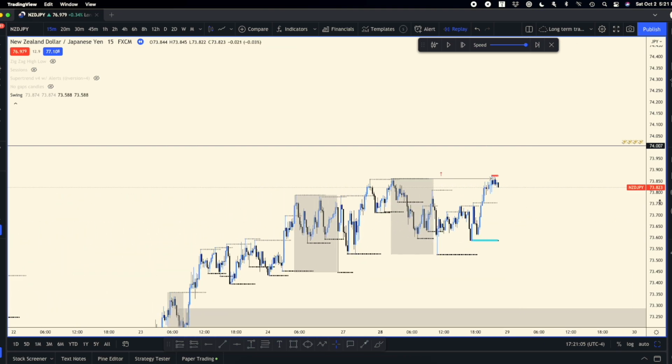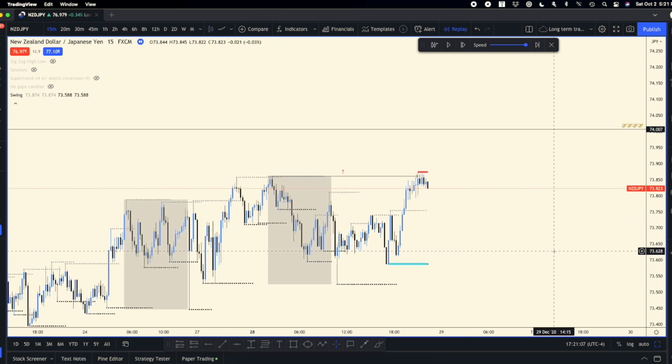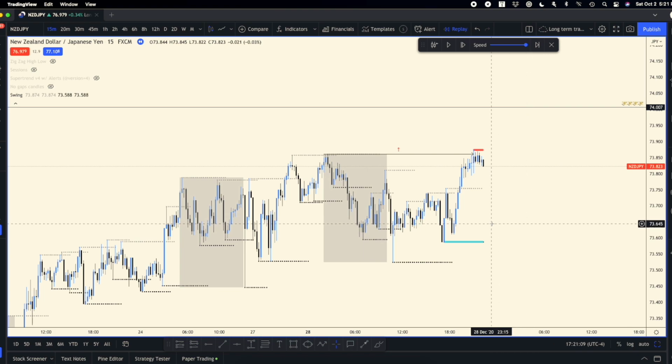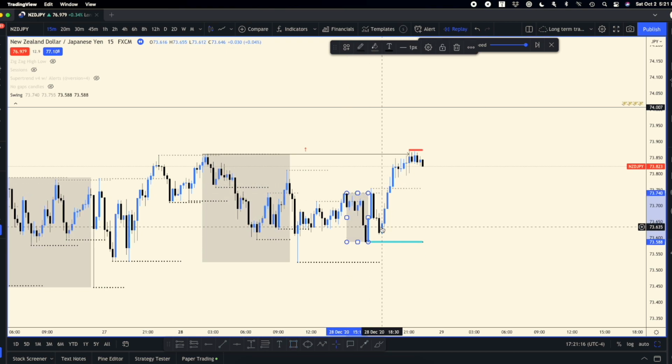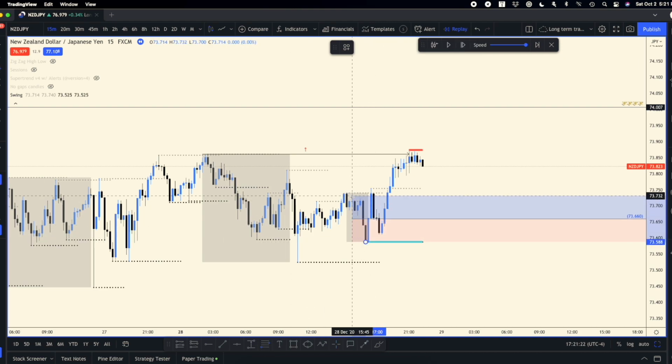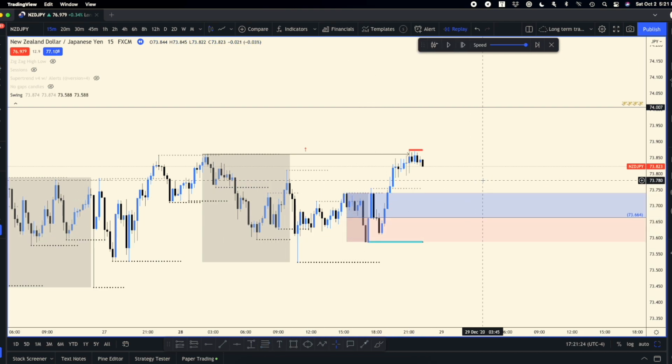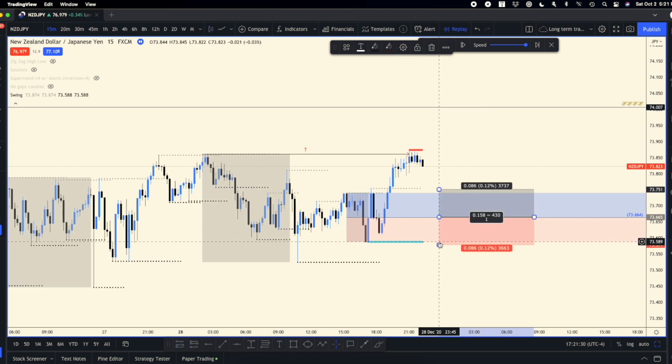So, all right. So I do see this MB, right? This didn't create, this held that MB. So it broke, come back down. What I'm looking for is for it to validate.